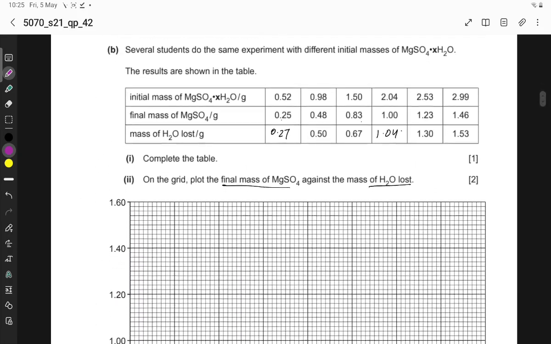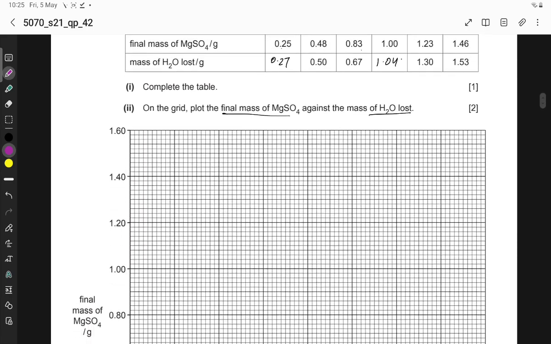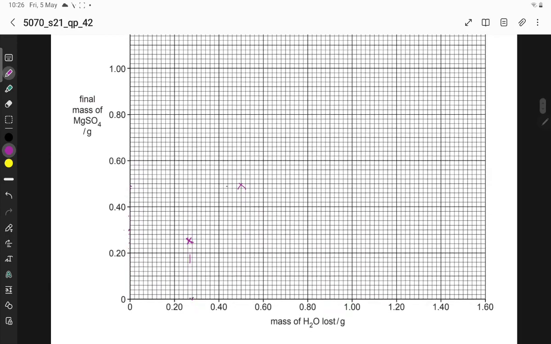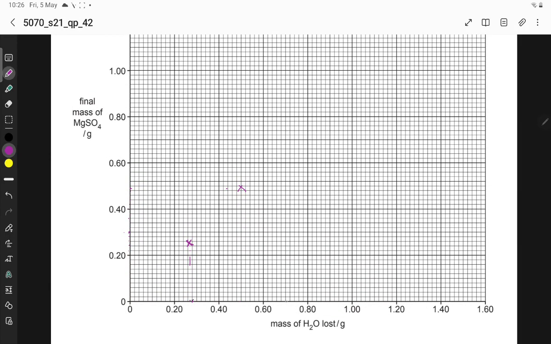And the next values are 0.67 and 0.83. At 0.67 and 0.83.